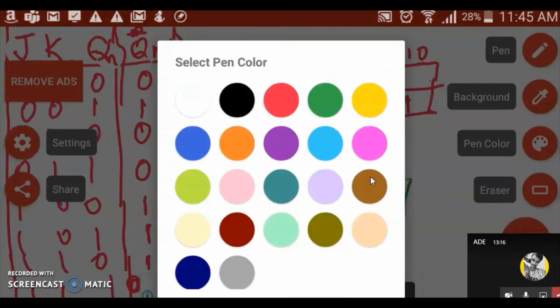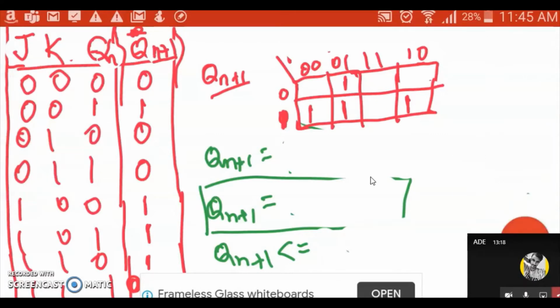When you do the grouping, you will not be getting 4 ones now. For this one, this is the only option. If you look at this one, I have two options: either this, or by folding the map I can group it with this. That's the reason I'll not be grouping this first. So I'll group this first.